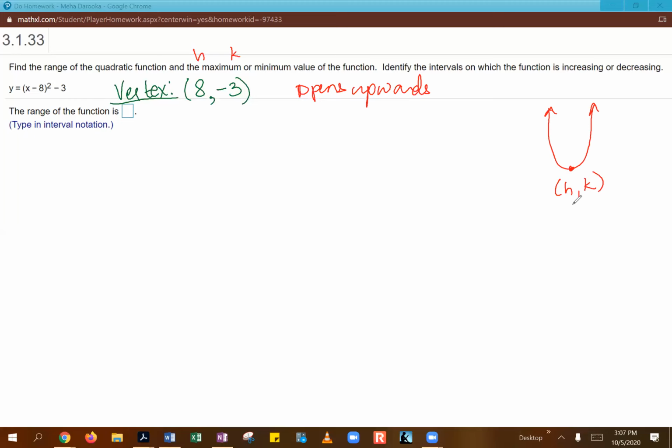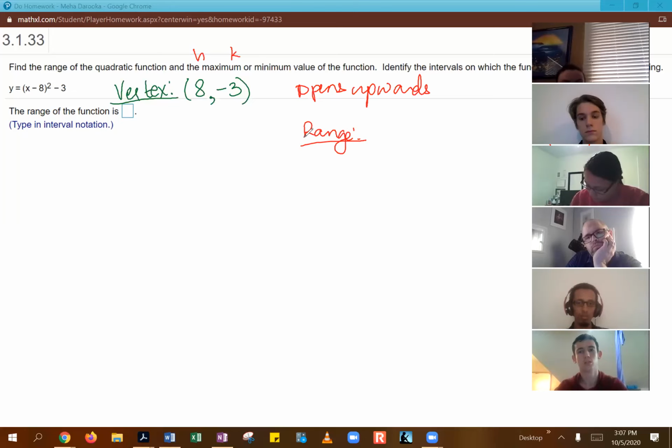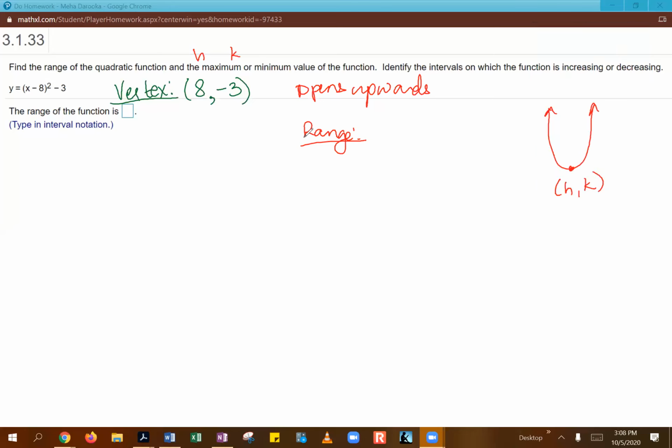Can you tell me what the range for this function should be? Because we know the domain is going to be negative to positive infinity. James and Abdulaziz, you have negative 3 to positive infinity, because your graph is going up. So our vertex is 8, negative 3. Remember, you start at the lowest point and you go up to positive infinity.